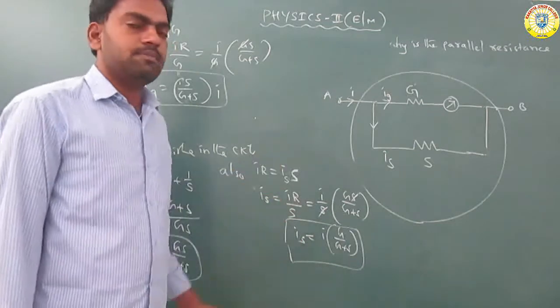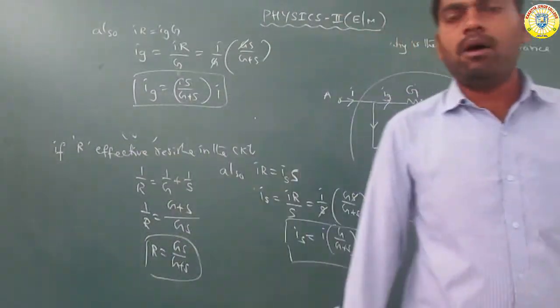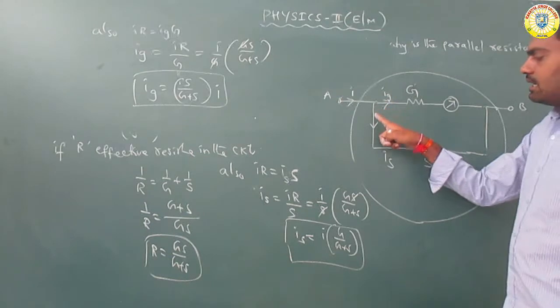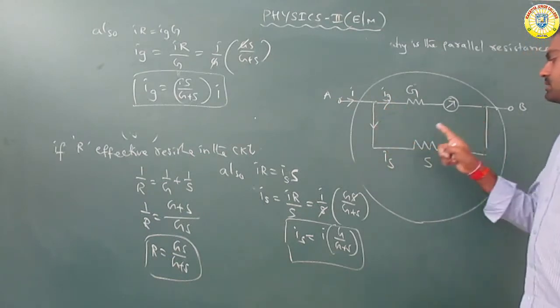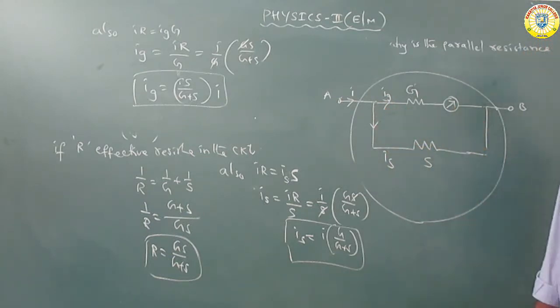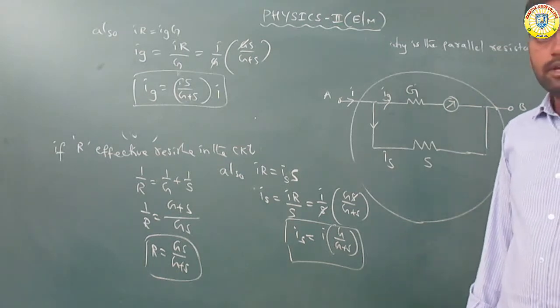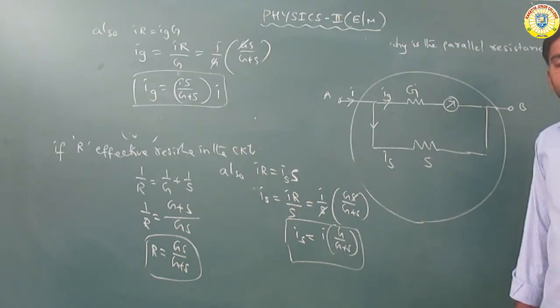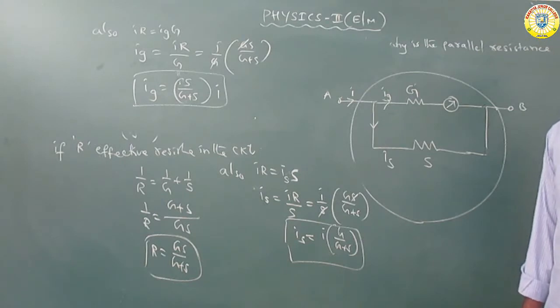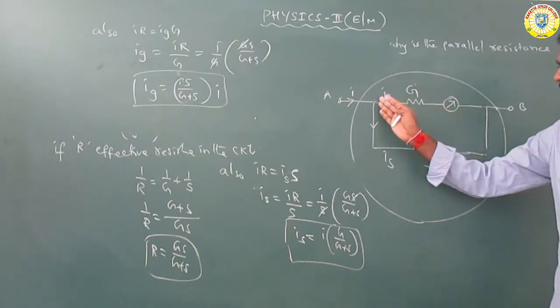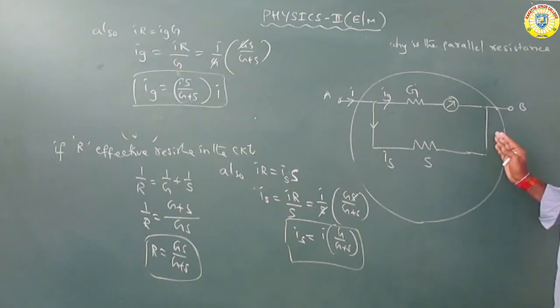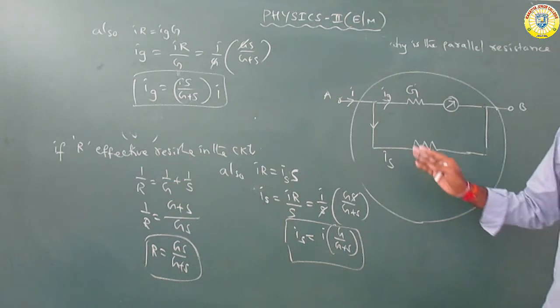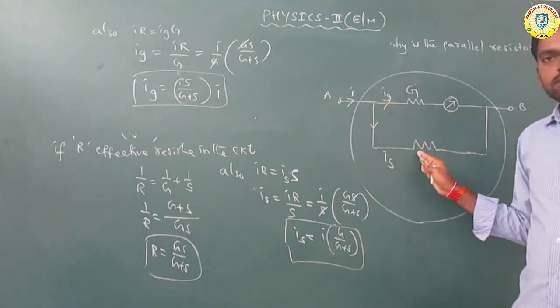From these equations we observe the shunt resistance is small because a large current passes through it, and the galvanometer is protected from the large current. Okay, got it. Here in this circuit diagram, the shunt resistance is connected small, so the large current is passing through the shunt resistor.